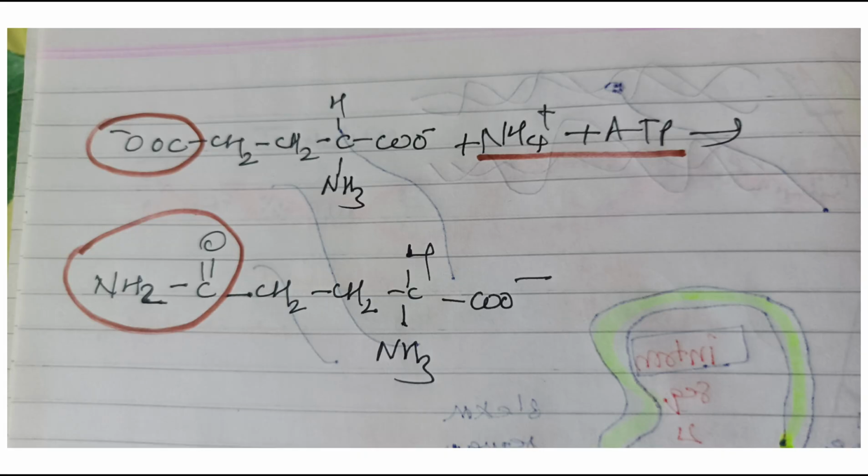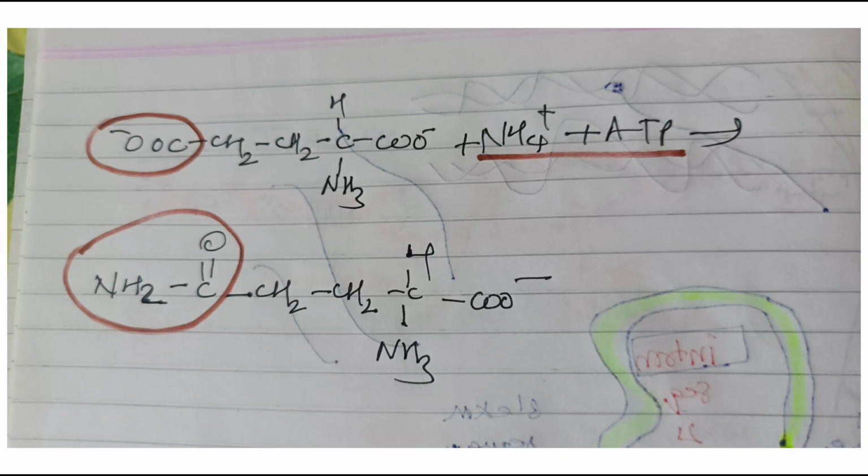This amidation reaction is catalyzed by glutamine synthetase, which is present in all organisms, and it is driven by hydrolysis of ATP. So here ATP helps in the reaction by phosphorylating the side chain of glutamate, and it forms an acyl phosphate intermediate, and after further reaction with ammonia it forms glutamine.